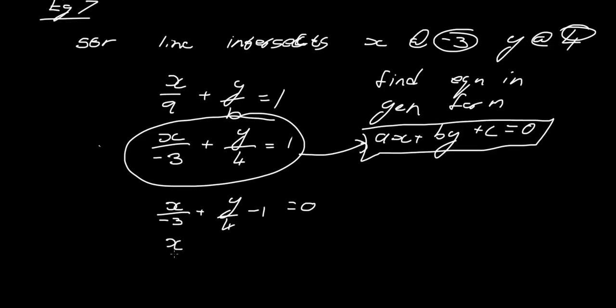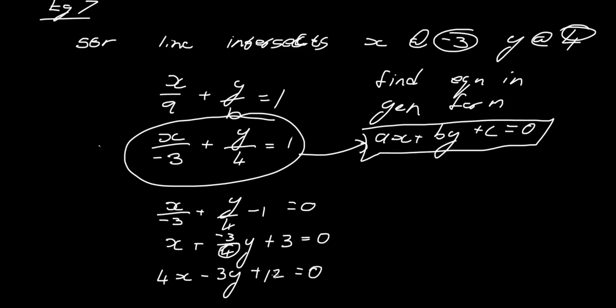So x plus -3 over 4 y plus 3 equals 0. Now we multiply the whole equation by 4 to get rid of the denominator. So 4x minus 3y plus 12 equals 0. And there you go. We've now got it into the general form.